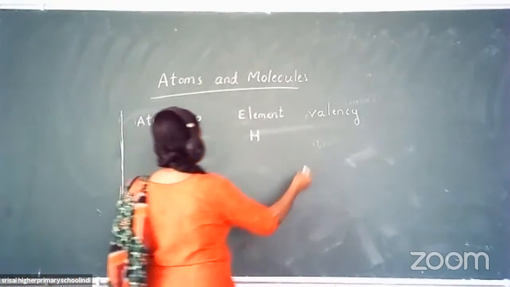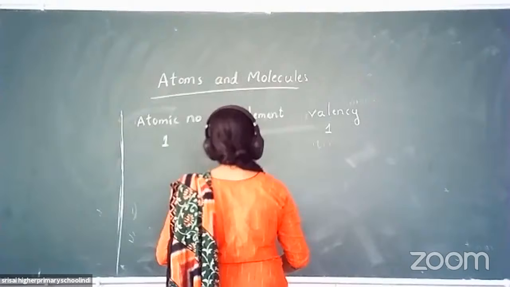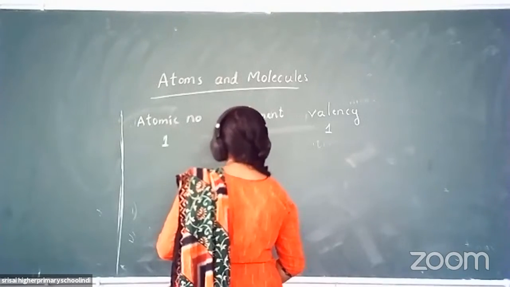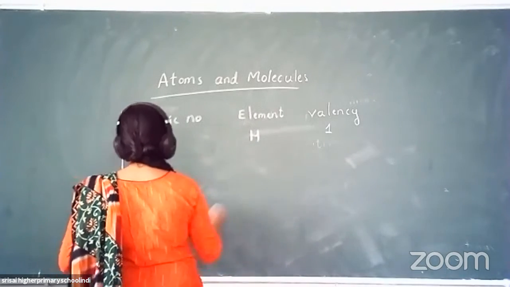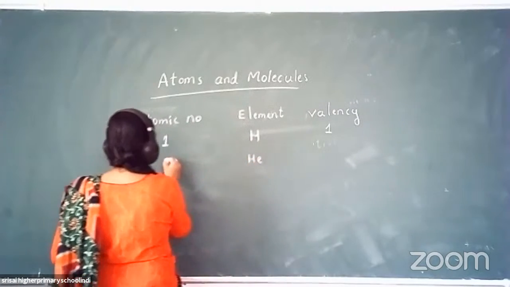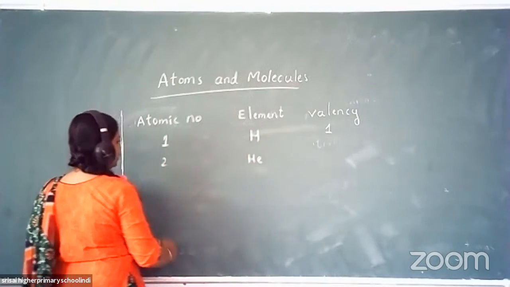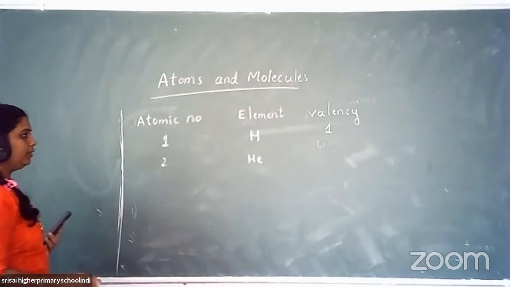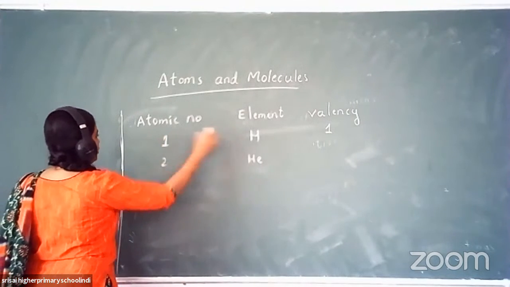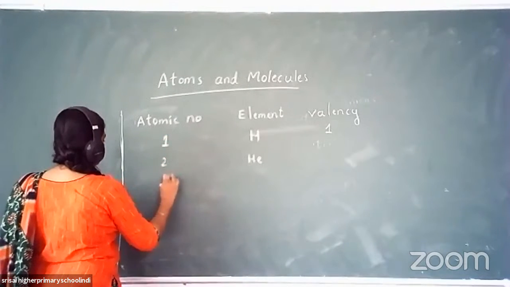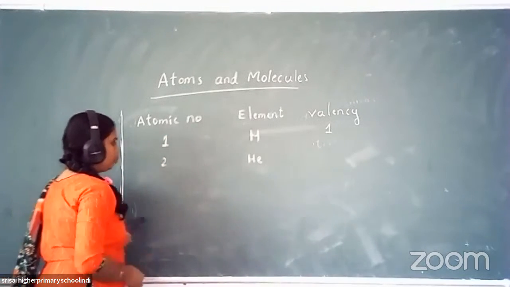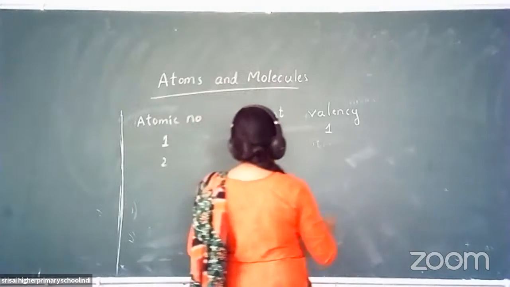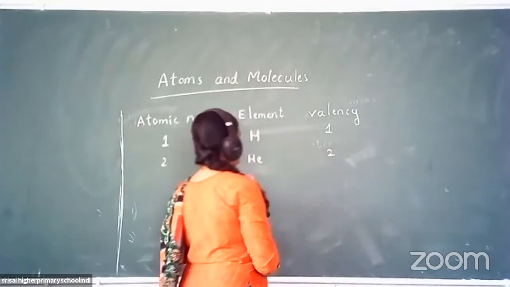So your valency is also 1. Second one is helium. Serial-wise you can find in the periodic table 1, 2, 3, 4 like this. Helium has atomic number 2. Here helium's valency number is 2.